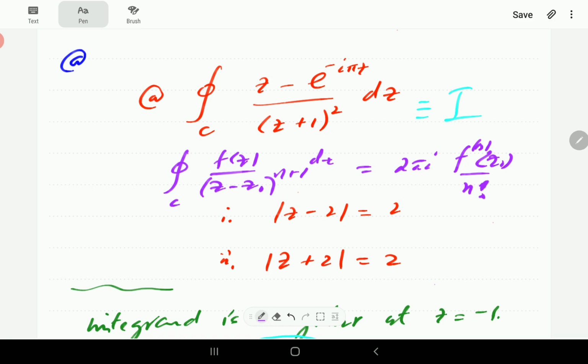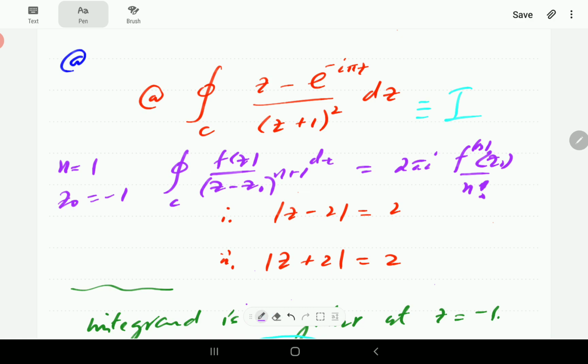The first thing we're going to note is that for this problem, n plus 1 is 2, so that tells us that n is 1, and the singularity is at negative 1, so z naught is going to be negative 1.